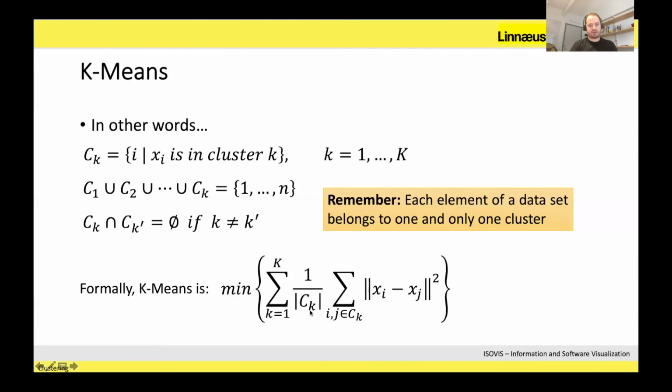Then it is like the average, or not really the average, because this is a pairwise thing. But anyway, you divide by the number of elements in the cluster, and then you sum this result for all clusters, and that should be minimal. So basically, minimized intra-cluster variance between the clusters. And the fact that you are giving the k, saying I want k equals 3, or k equals 4, or k equals 5, makes it so that this can actually be minimized.